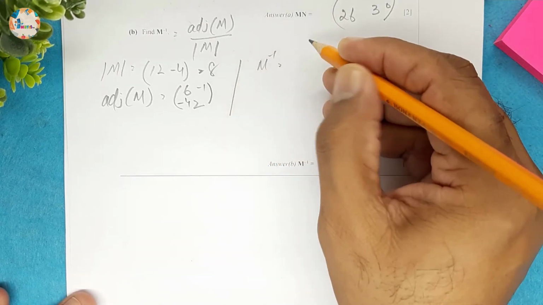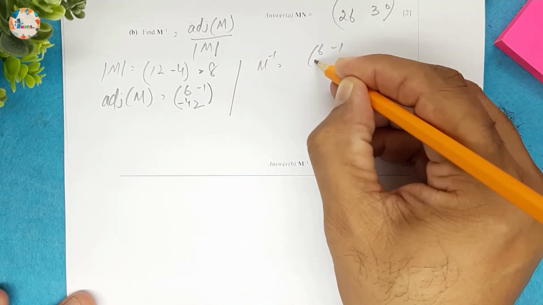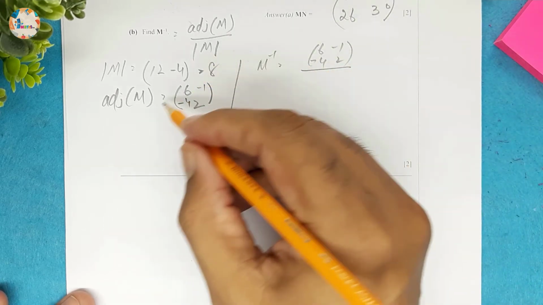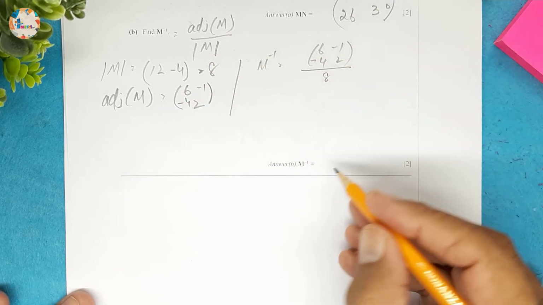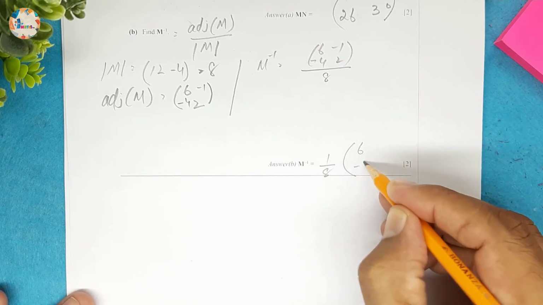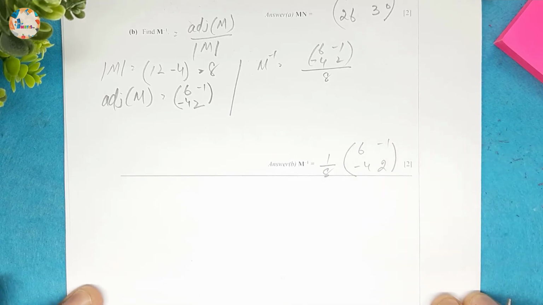M inverse is equal to adjoint of A, which is 6, minus 1, minus 4 and 2, over mod M, which is 8. So our final answer we can write as 1 over 8 into 6, minus 4, minus 1 and 2. This will be the inverse.